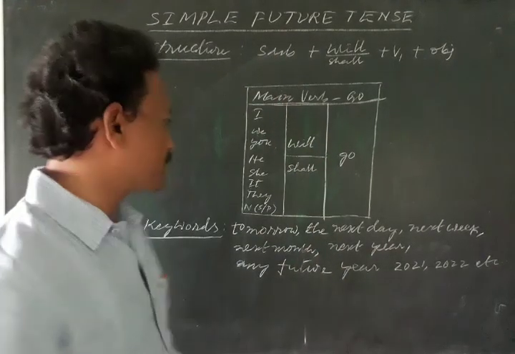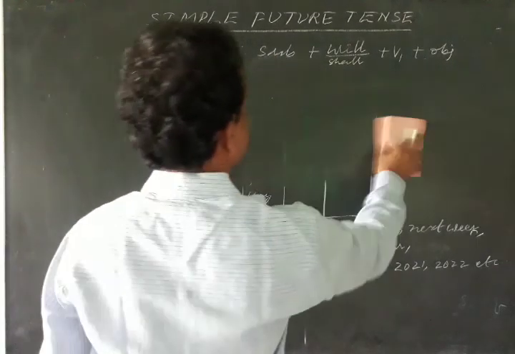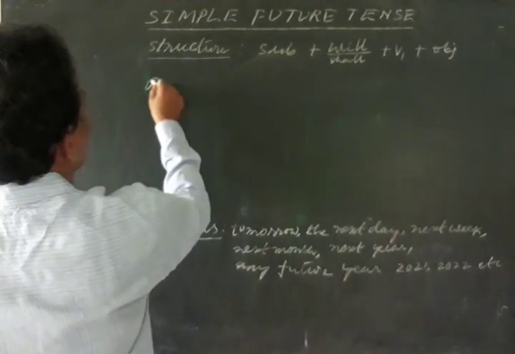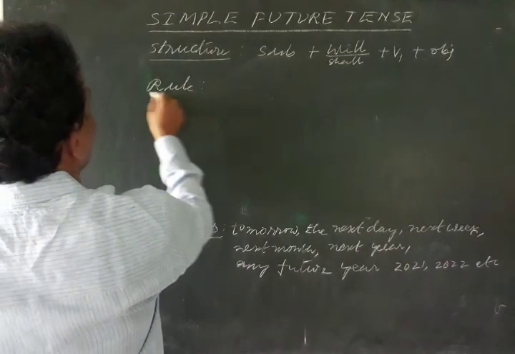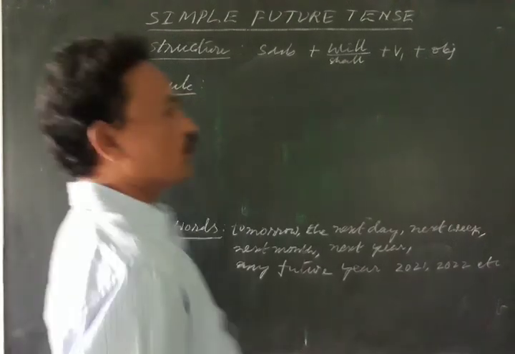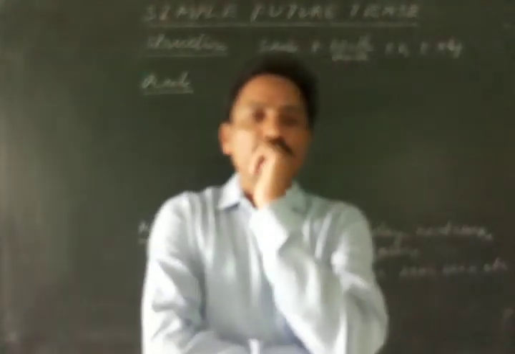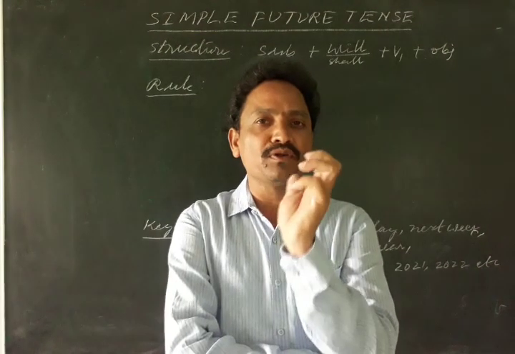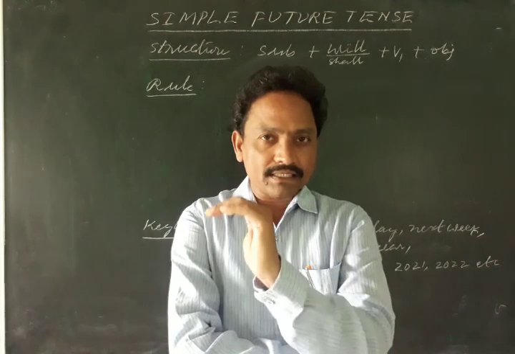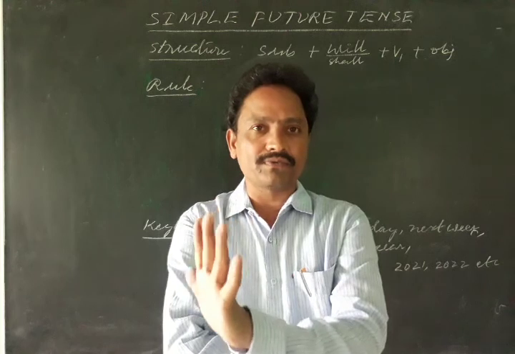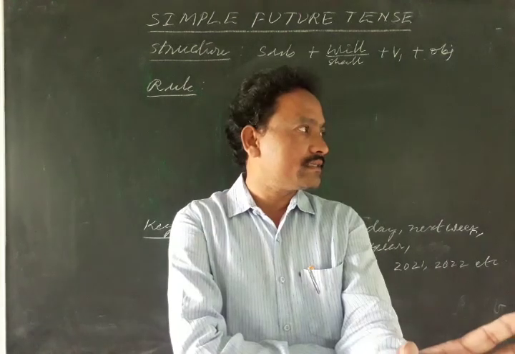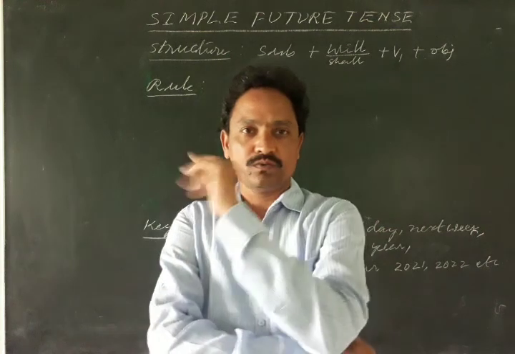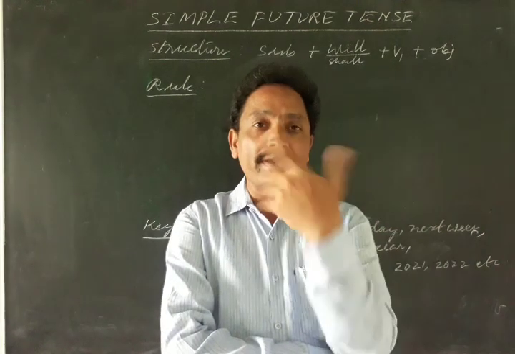The next step is the rule. Before going to the rule, what about the usage of simple present tense? Simple present tense is used for an action that we can do, it may or may not be.